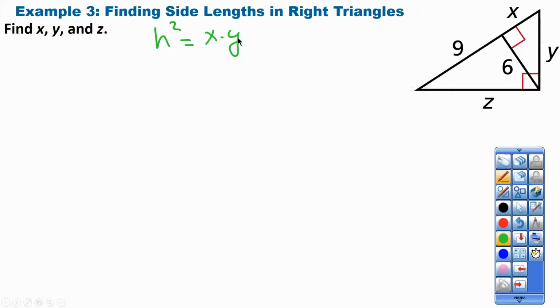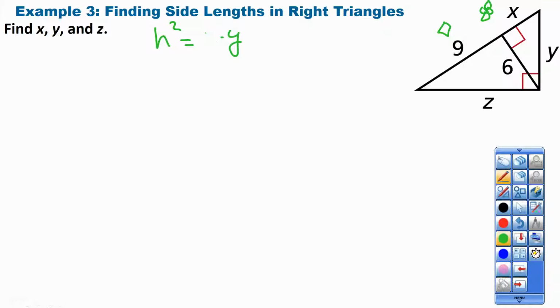So we write this down here knowing that this is x and this is y. So we're going to go ahead and rename these, let's just call this club and diamond.